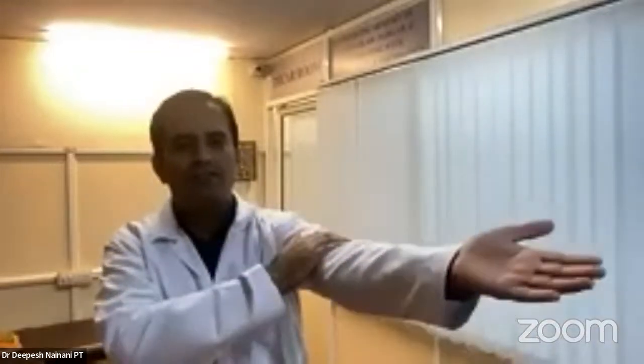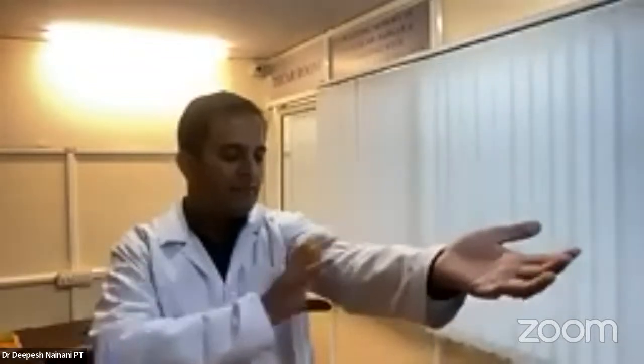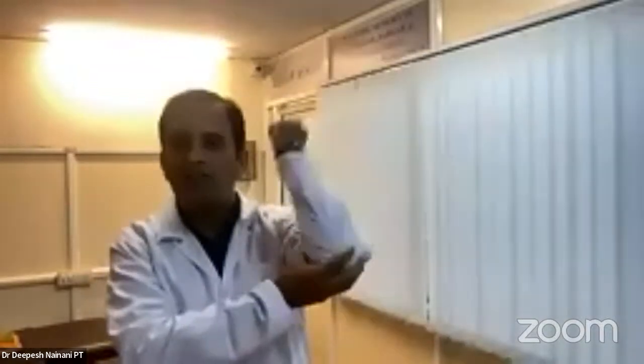First, we have to understand what the elbow joint is and what the articulations between the elbow bones are. There are basically three bones. Two are forearm bones, and one is the bone which arises from the shoulder joint. This is the first bone, and the two bones arise from the articulation of the elbow joint.